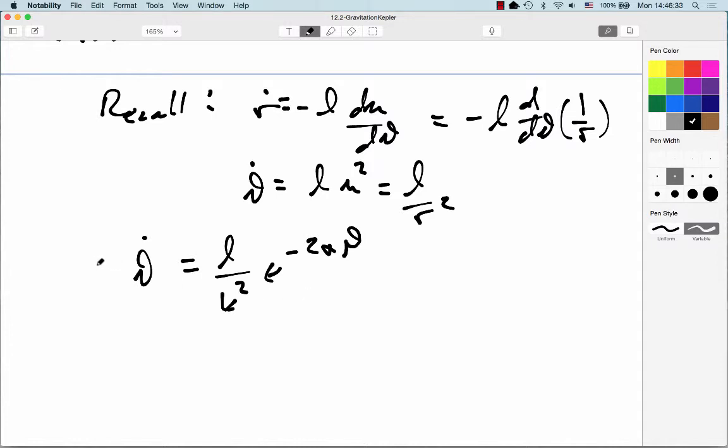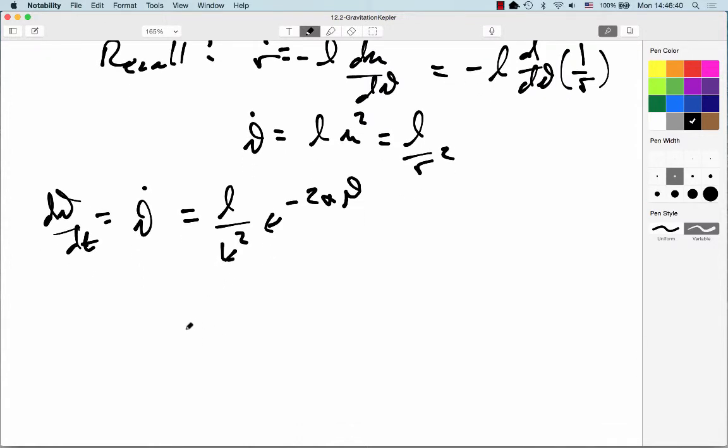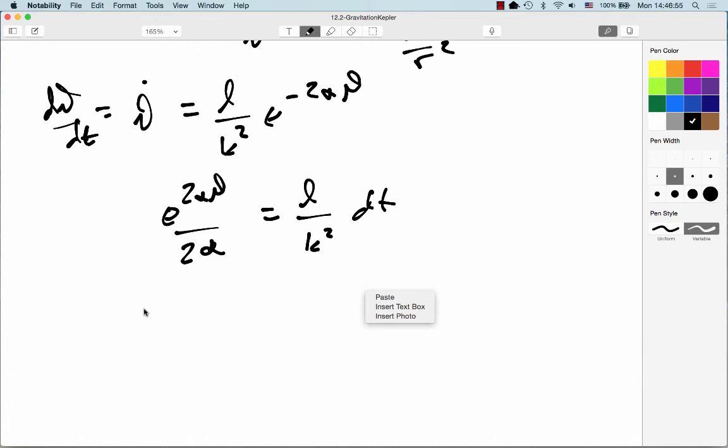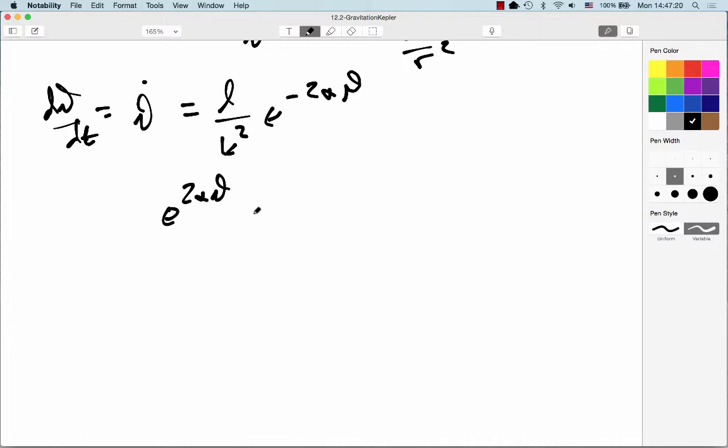We can write that as d theta dt, and we can do a little separation of variables, and so we'll get e to the 2 alpha theta d theta is equal to L over k squared dt.